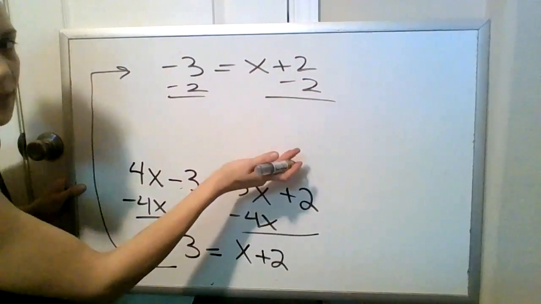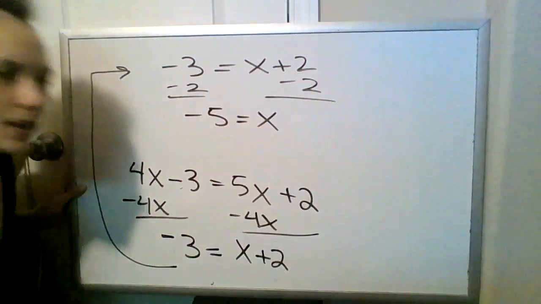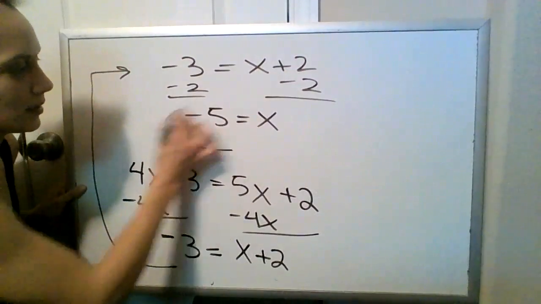Negative 5 is equal to x. You should check your answer, but I think we're just going to call it good for now.